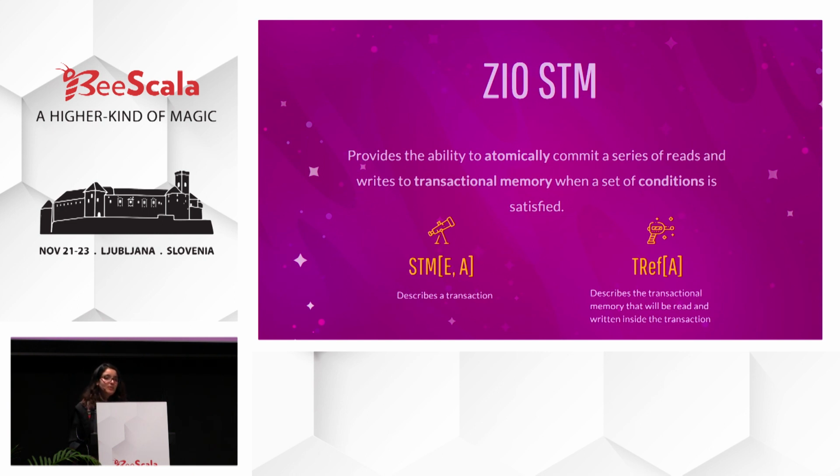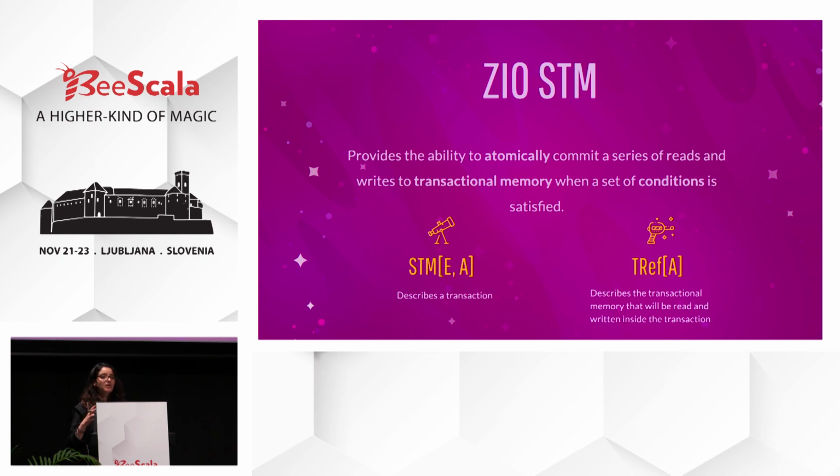The data type built on Zio that will help us to solve the concurrency challenges is called STM. It gives us the ability to atomically perform our computation on our shared mutable state. And there is also more than that. We can put a condition, and when it is not satisfied, this transaction will be suspended, waiting until we satisfy this condition.